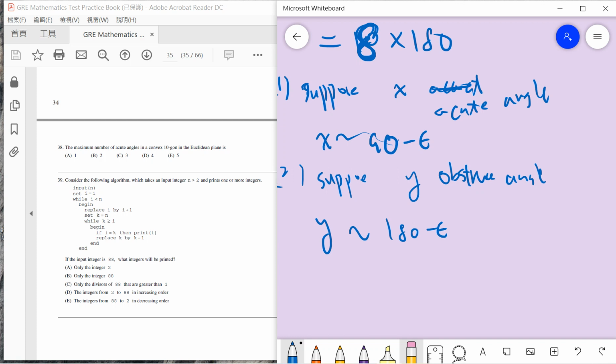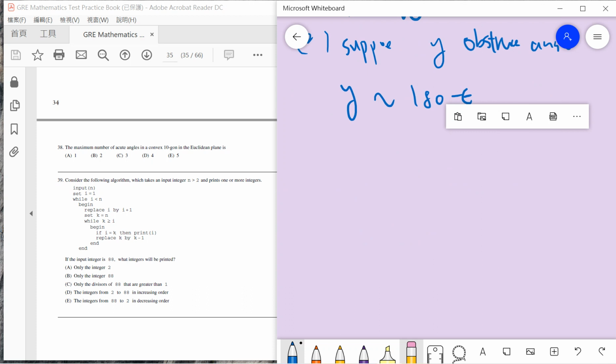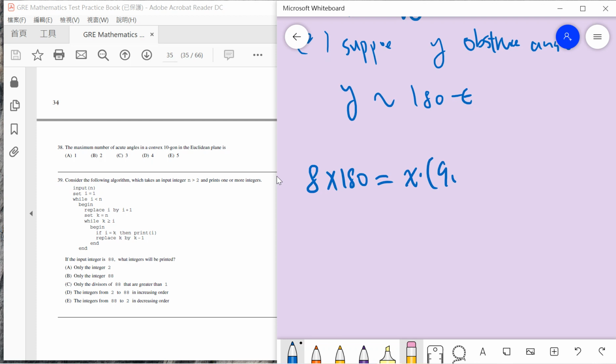So the sum should be x times (90 minus epsilon) plus y times (180 minus epsilon tilde). Basically, epsilon tilde is just some positive number. We don't have to care how much it is. But remember that we only have 10 angles. So x plus y needs to be 10.